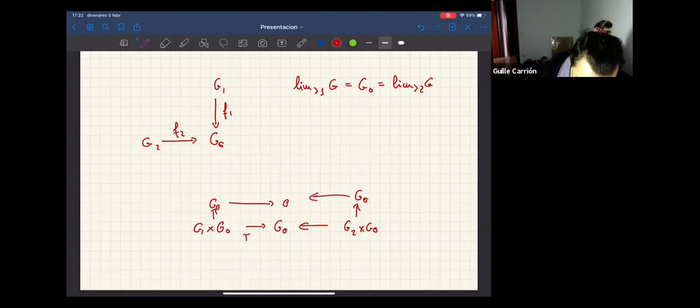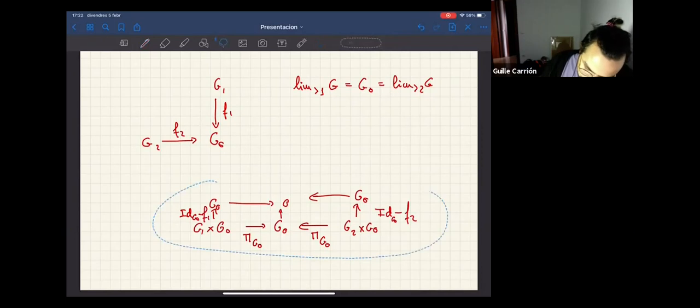Here is the projection on G0, here too, and here the map is the identity on G0 minus F2, and here the identity on G0 minus F1.